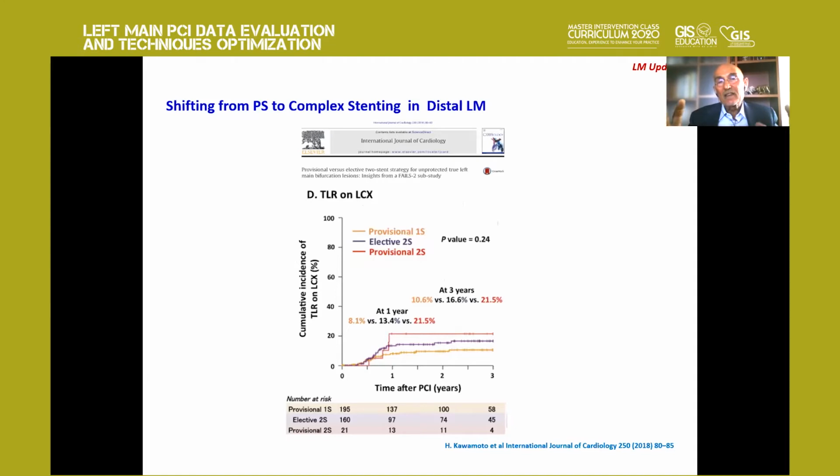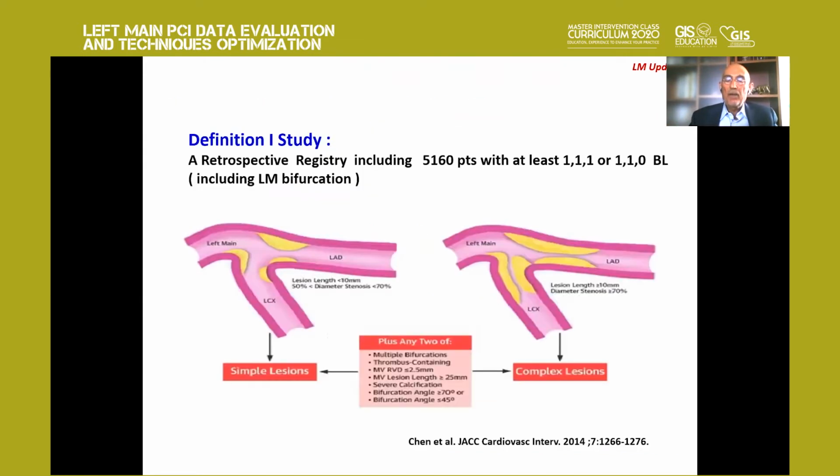That is why it's very important to define the complexity of the lesion beforehand and to start with the default, the elective strategy tailored for that patient. If it's a complex bifurcation, do complex stenting. If it is a simple bifurcation, do simple stenting.